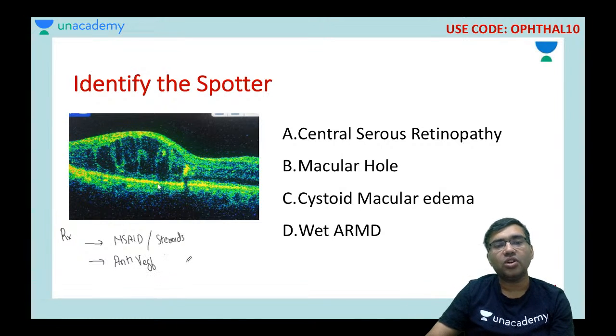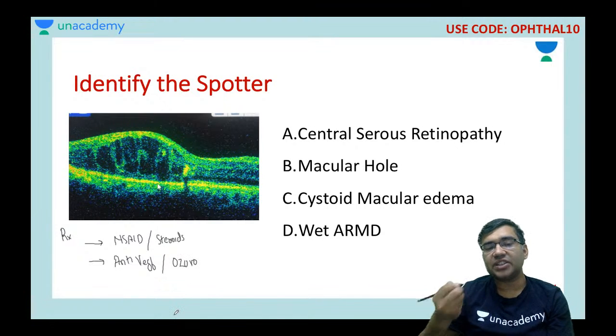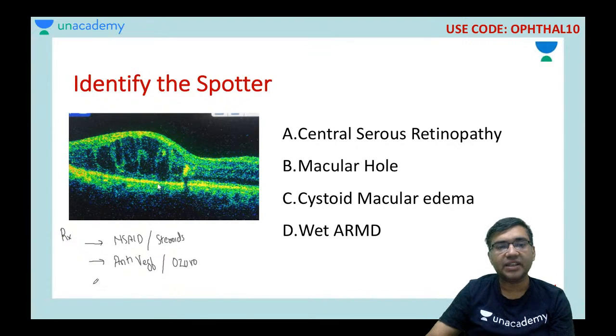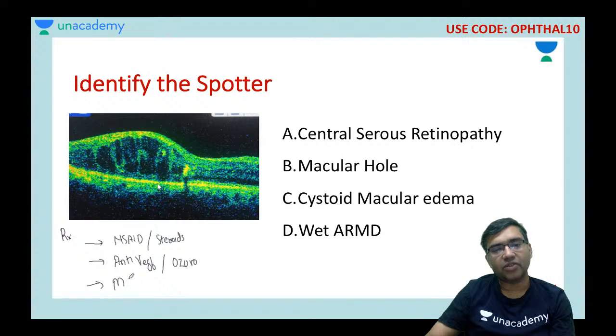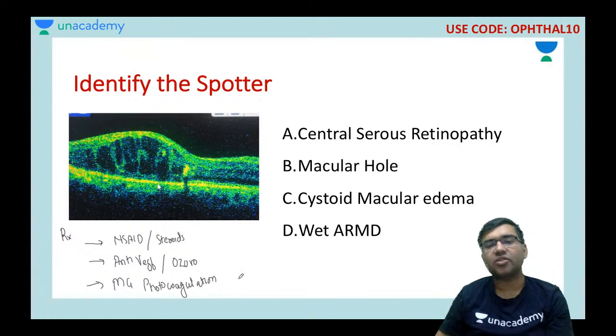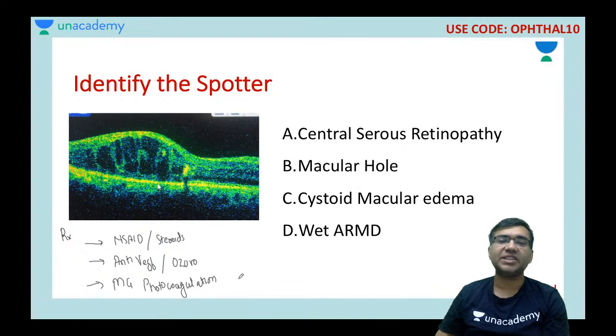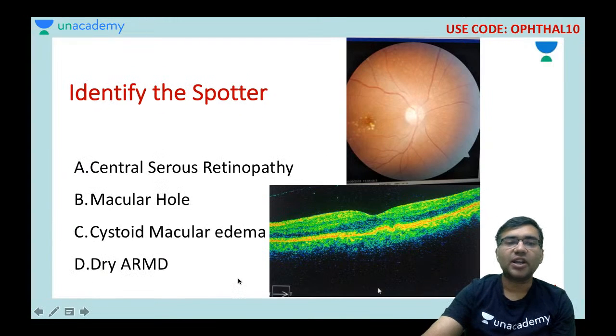Also you can go with intravitreal steroids like Ozurdex. If the patient is not responding even then, you can go ahead with macular grid photocoagulation. Okay, macular grid photocoagulation. So these are the various treatment protocols which would be very helpful in a patient suffering from cystoid macular edema.